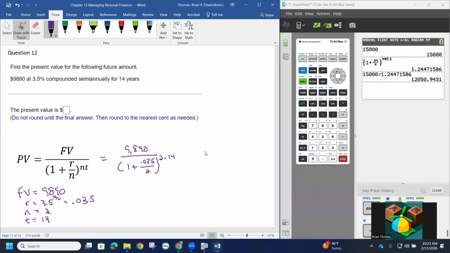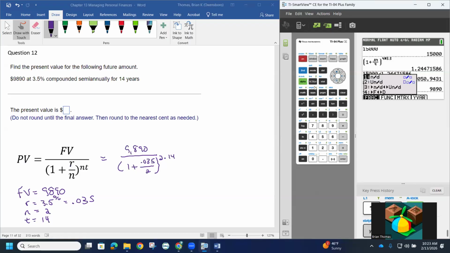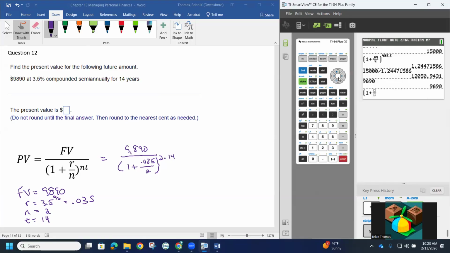Again, to do this I'm going to do it in two parts. I'll type 9,890, press enter, and then do the denominator in parentheses: 1 plus, and then there's a fraction button, second F1, N over D. The numerator has to be 0.035, and the denominator has to be 2.